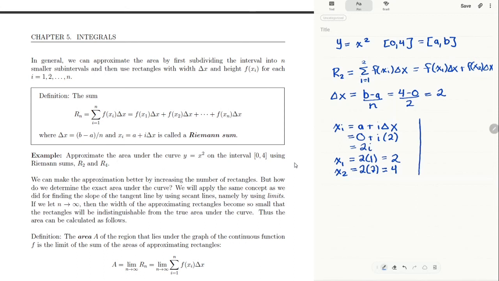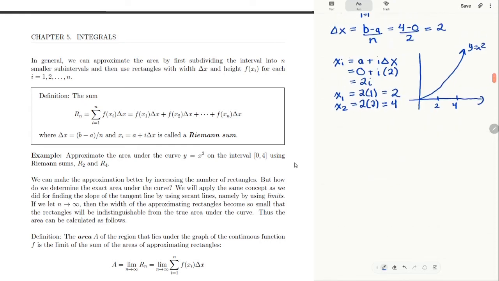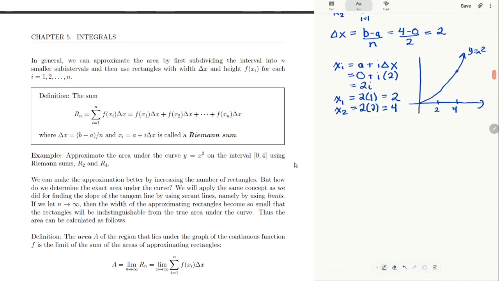So let's have a look at drawing the approximating rectangles. Here is the function y equals x squared, and we have the x-coordinates at 2 and at 4. The height of each of these rectangles is given by the function values at these x-coordinates.